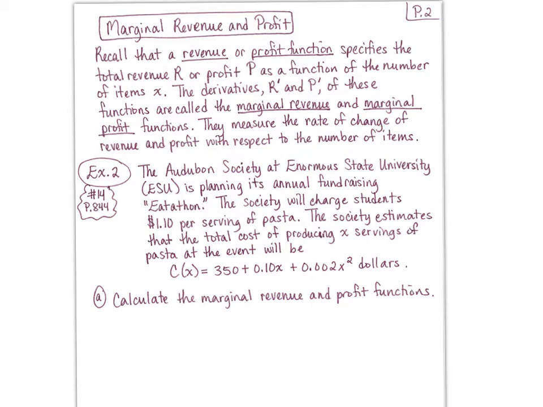Example 2. The Audubon Society at Enormous State University is planning its annual fundraising eat-a-thon. The society will charge students $1.10 per serving of pasta.